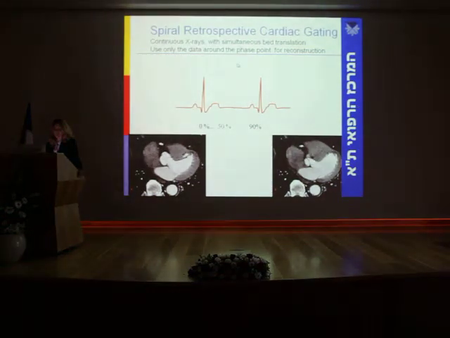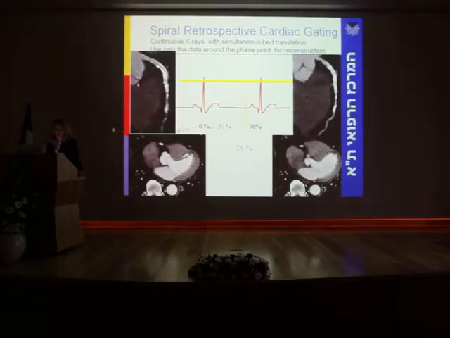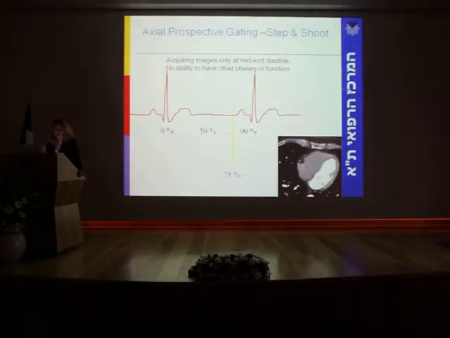In the beginning, retrospective cardiac gating was used, meaning that radiation was continuous throughout the cardiac cycle. However, we are looking only for those motionless images which are at 75% between the R and the R, but we could have other phases in order to have more data. If we need only the mid-diastole, we could give the radiation only at that time, and later the axial prospective gating technology came, which reduces the radiation very significantly.